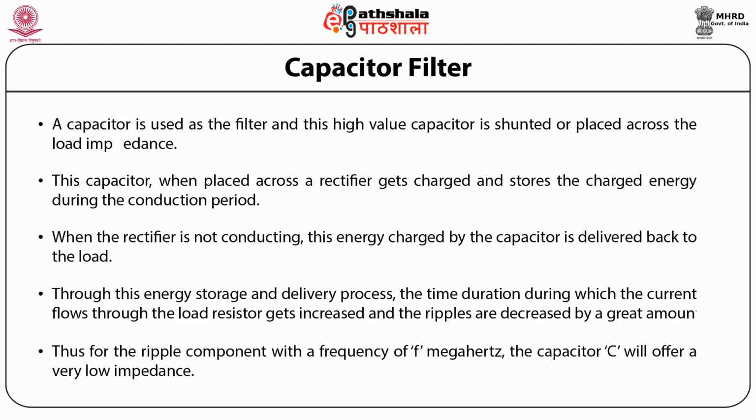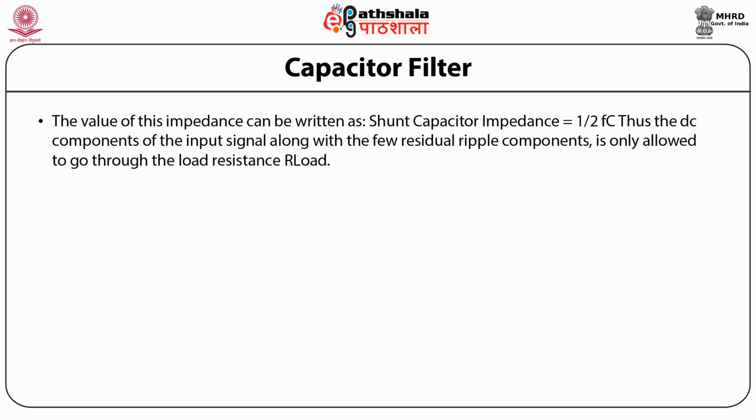So, for the ripple component with a frequency of f hertz, the capacitor C will offer a very low impedance. The value of this impedance can be written as 1 by 2πfC. Thus, the DC component of the input signal, along with a few residual ripple components, is only allowed to go through the load resistance RL.